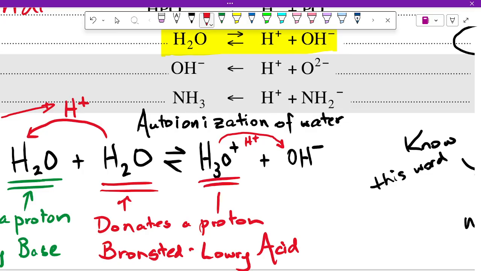So that is also a Bronsted-Lowry acid. Okay? And OH minus then is accepting the proton, and it is a Bronsted-Lowry base. So on any equilibrium where you have a Bronsted-Lowry acid and base on one side, you will also have a Bronsted-Lowry acid and base on the other side.